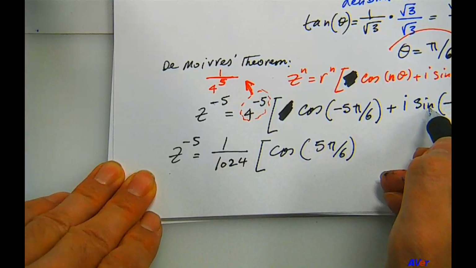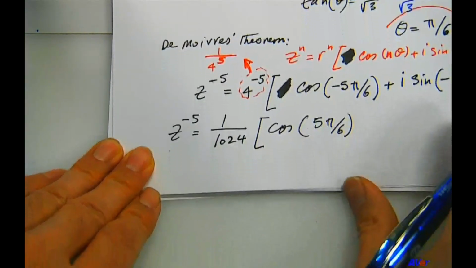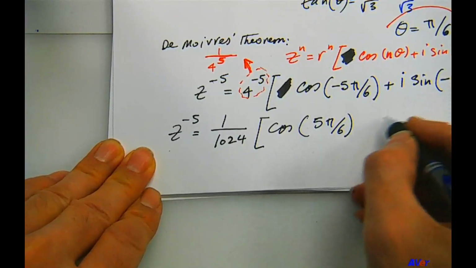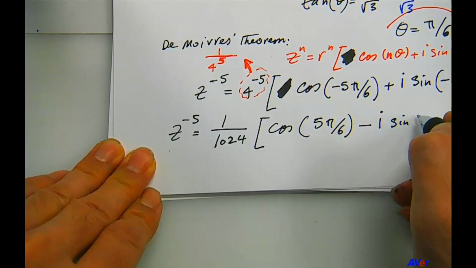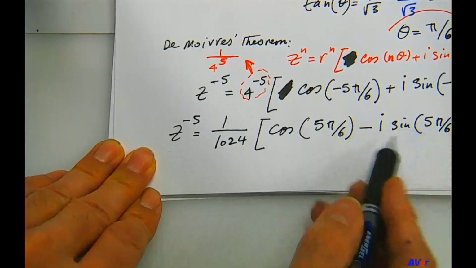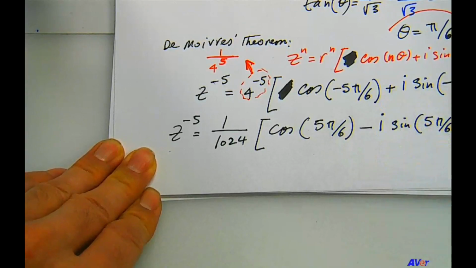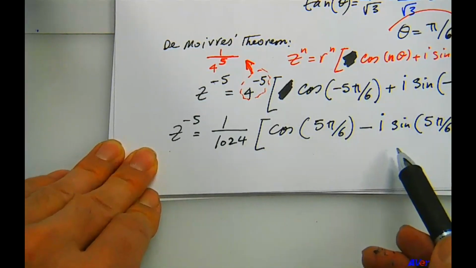And because sine is an odd function, sine of minus pi over 6 is equal to minus sine of pi over 6. So minus I sine of pi over 6, because sine is an odd function. So we have that. So this minus comes out in front. Okay? So now we have this.